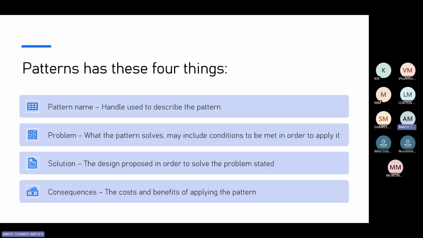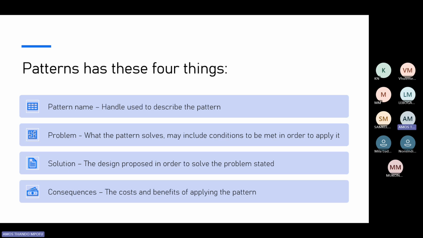Because when you know the conditions that need to be met, then you can know which problem needs to be solved. If you know which problem needs to be solved, each design pattern describes which problems it solves. So now you'll be able to find the right design pattern for that problem because you've understood the requirements or the conditions that need to be met.